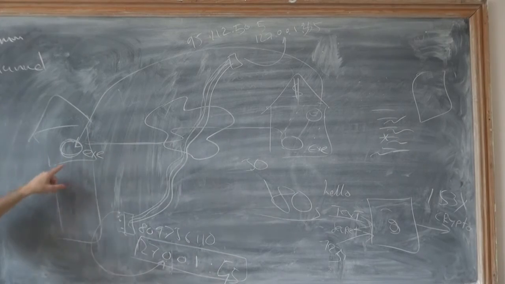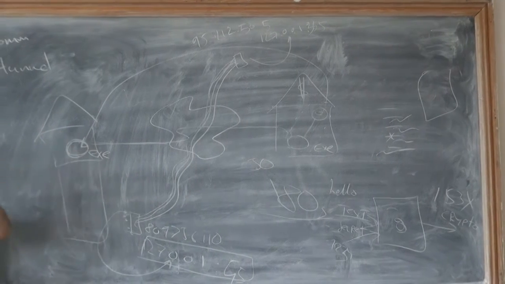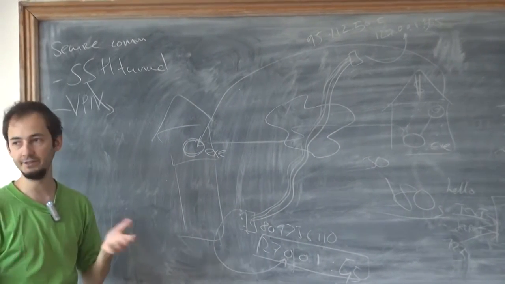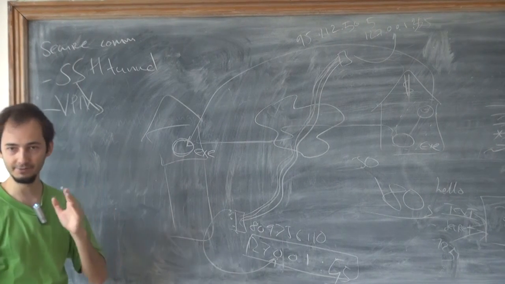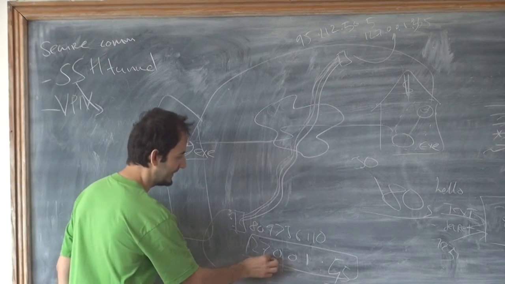And from the perspective of this software, none of its communications are in any way different. It sends exactly the same messages in exactly the same format to this interface.